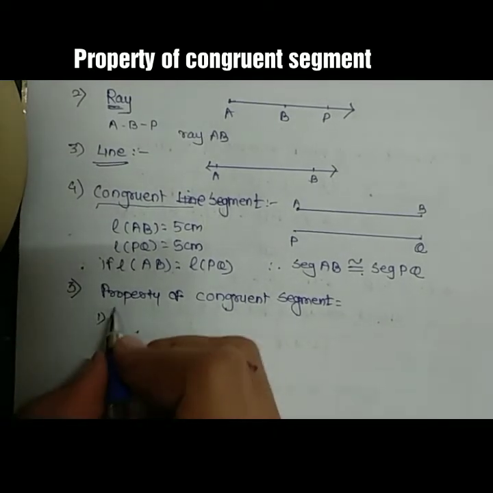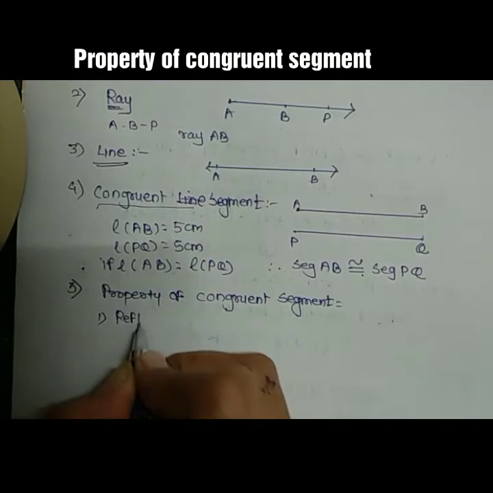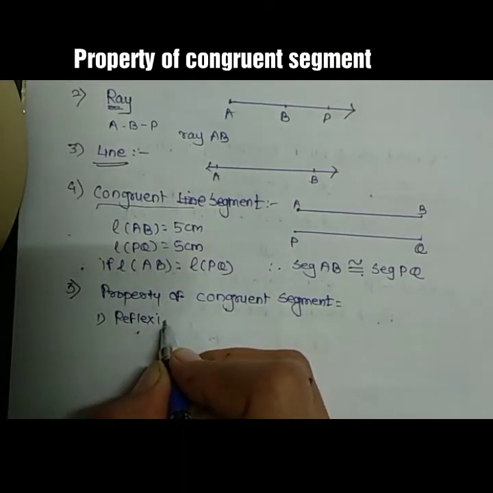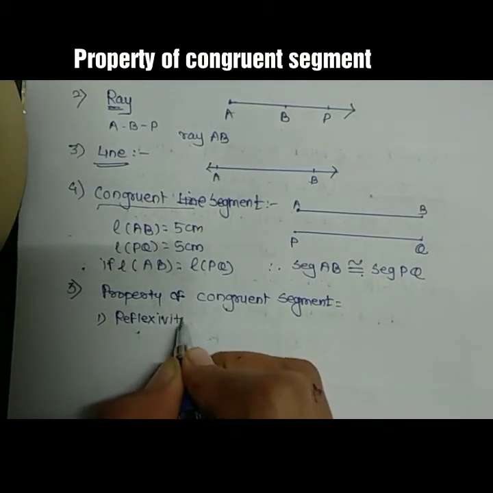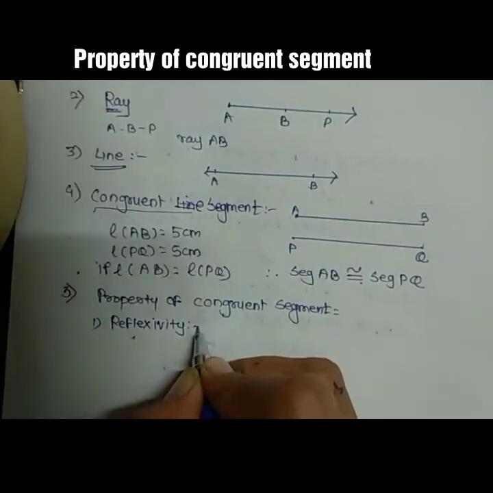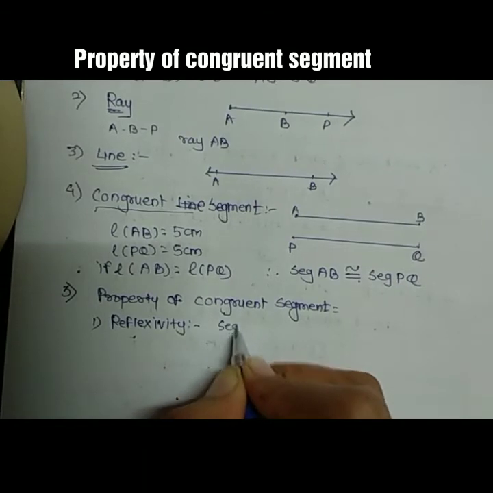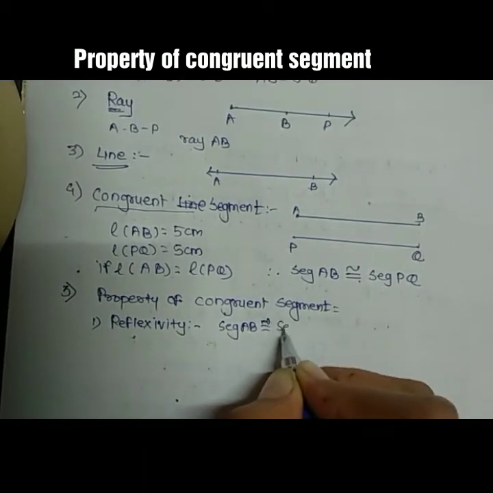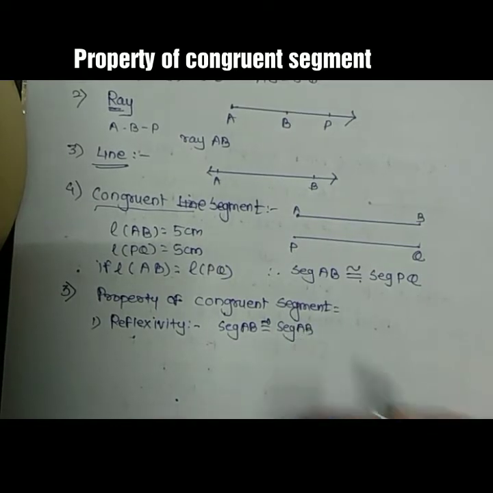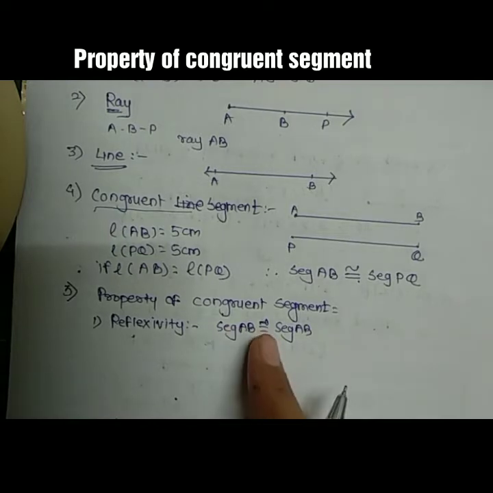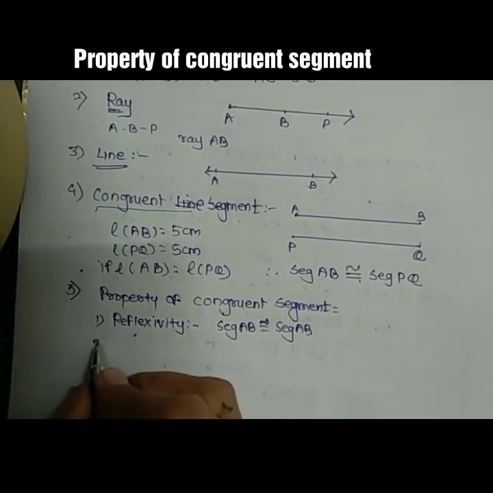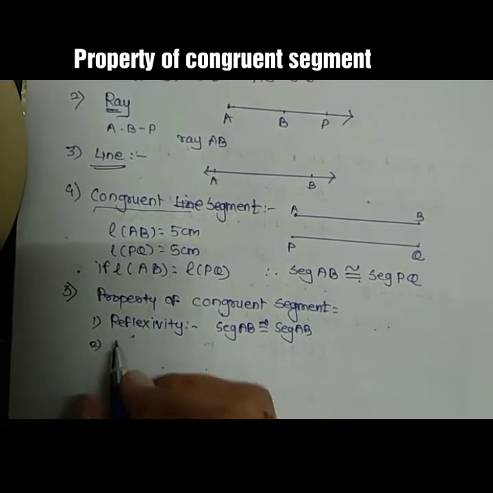The first property, reflexivity. Reflexivity means each segment is congruent with itself. It means segment AB is congruent to segment AB.